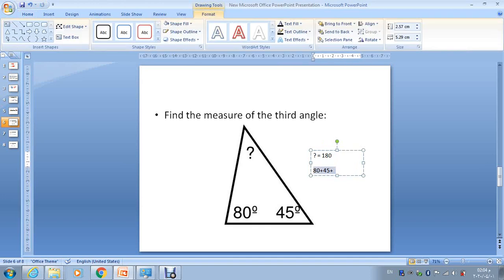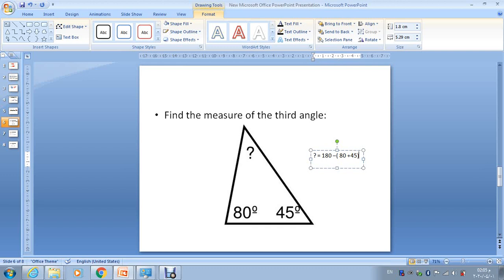Again, I will take them and drag them to the other side with a negative sign. So 180 minus 80 minus 45 equals, this is a way for you.